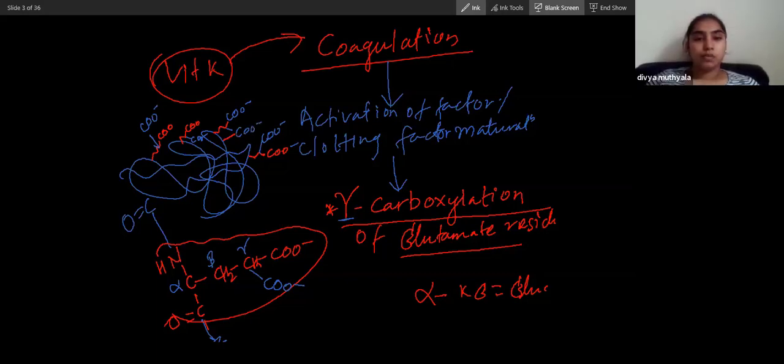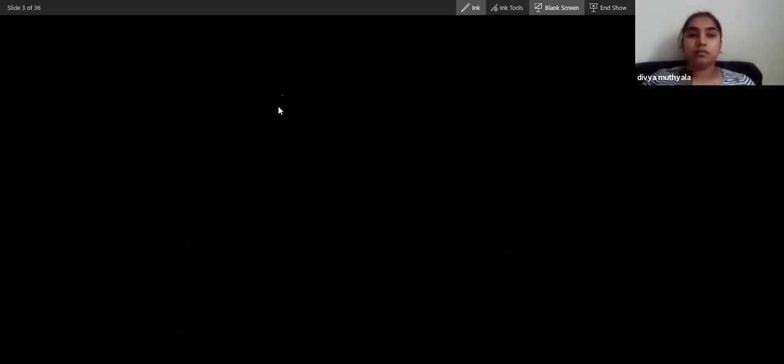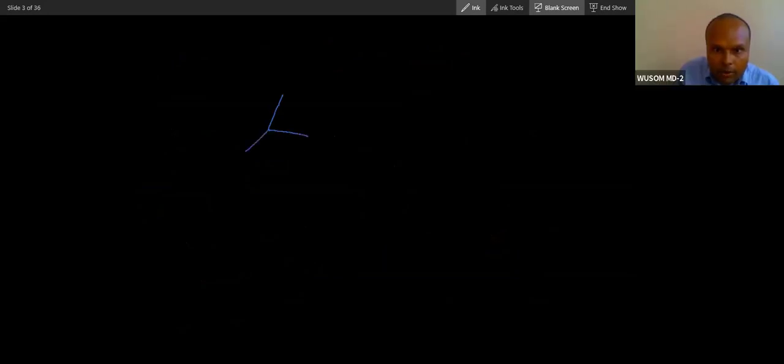So what is the effect of gamma carboxylation now? Isn't the effect of gamma carboxylation the formation of this bidentate, negatively charged compound? Did you understand this? So there are 2 negative charges, and calcium has 2 positive charges.